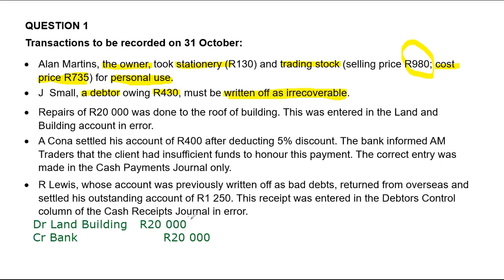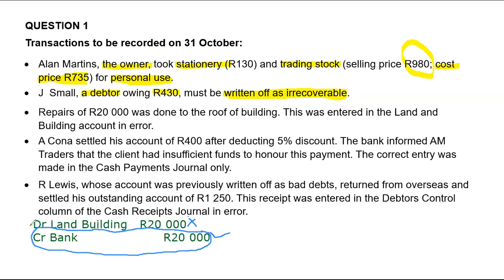This entry here is wrong, okay? However, this one is correct because money has gone out. Because this one is correct, there is no need to correct it, okay? There is no need to correct this one. It is correct, so why must you correct it?